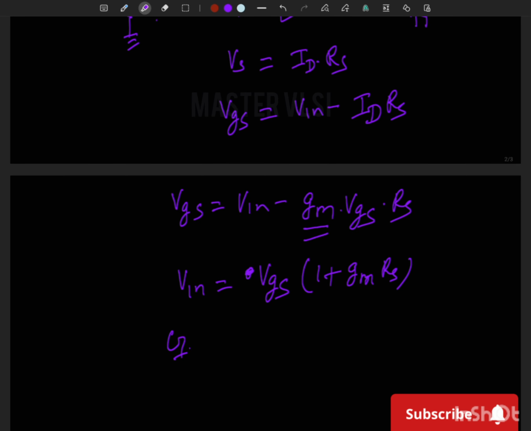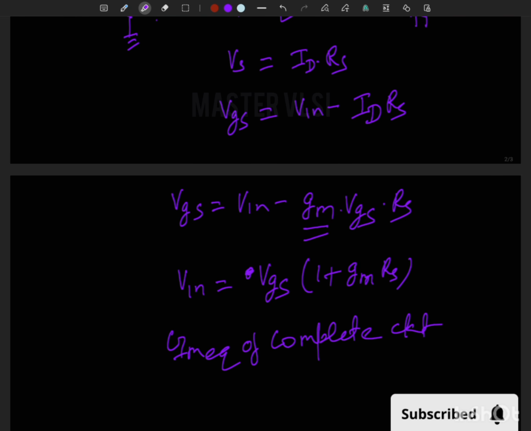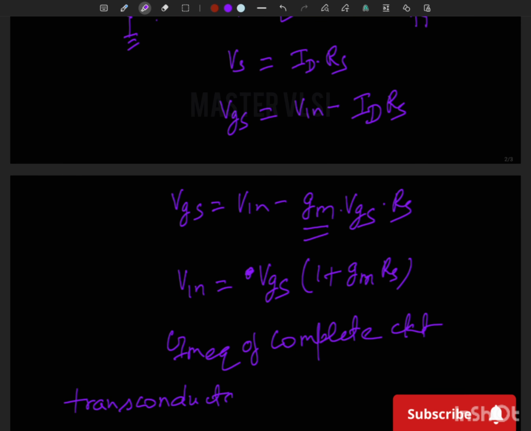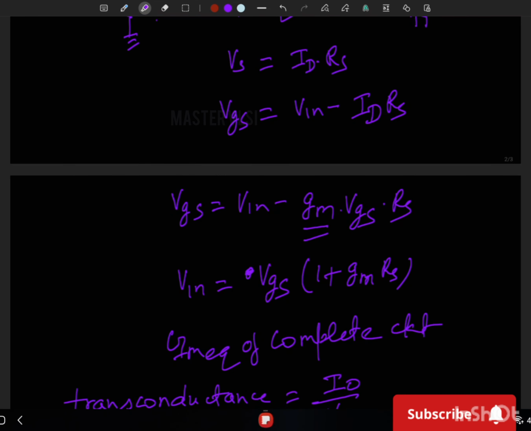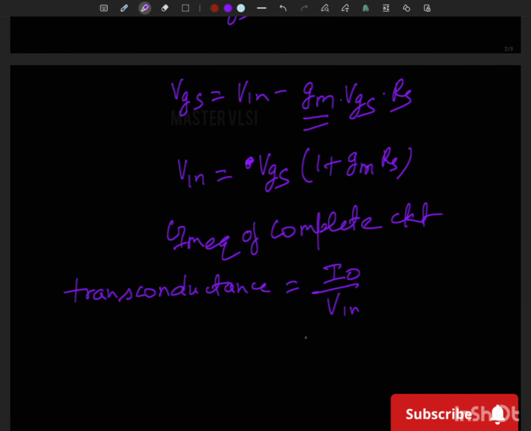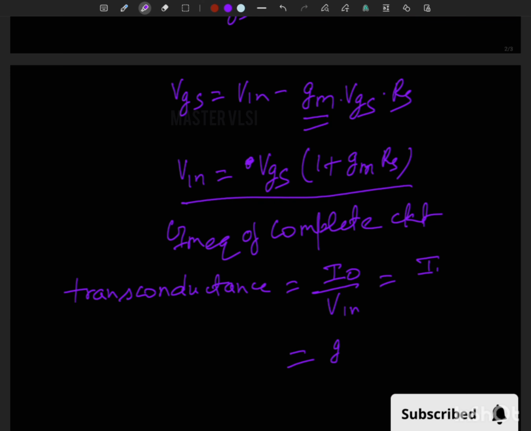Now the capital GM equivalent of the complete circuit will be, obviously, GM is transconductance. Transconductance means transfer conductance, obviously I by V, because it is transfer, so I is output and this is V. Here V is this Vin, and IO is ID, the drain current of the MOS, which is the same in the complete circuit.